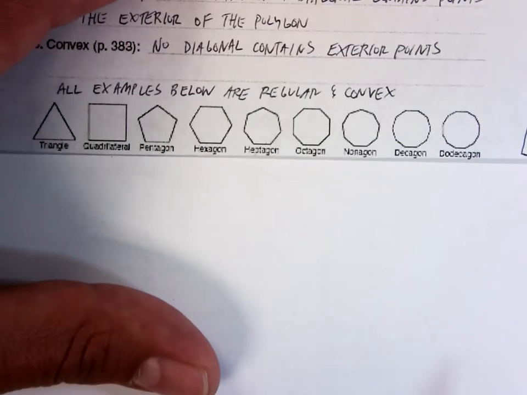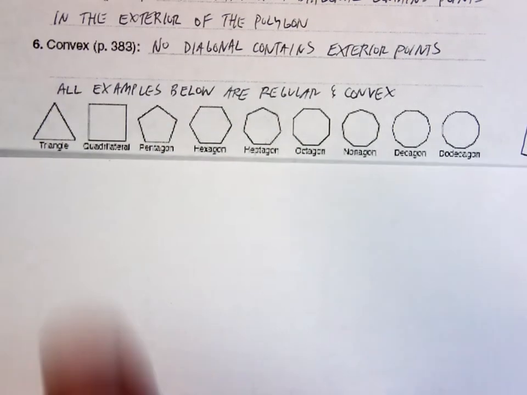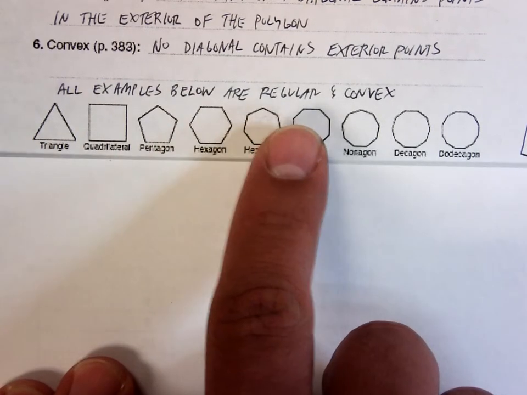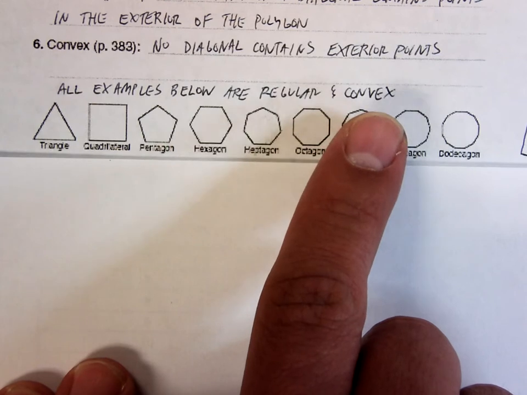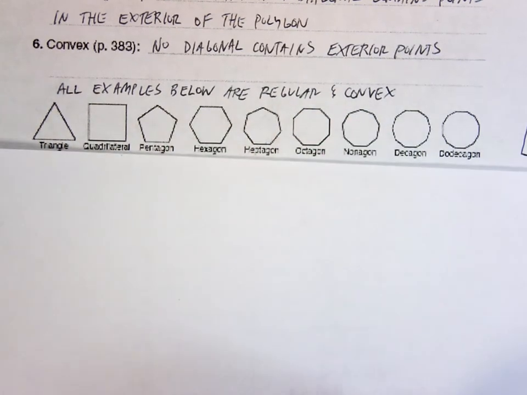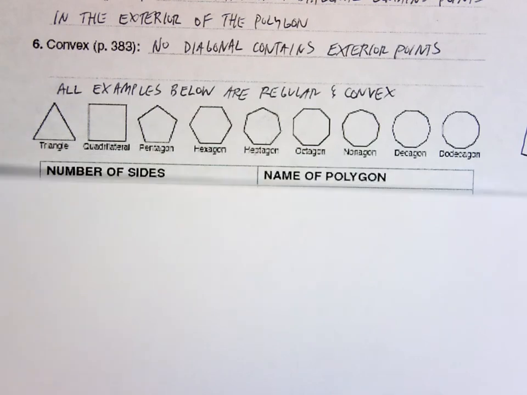Okay, scroll down. Just write this here for you so you have it available to you. All examples below are both regular and convex. And we just named them for you. You've done this, I think 3rd grade, 4th grade, I forget. You have seen these before.